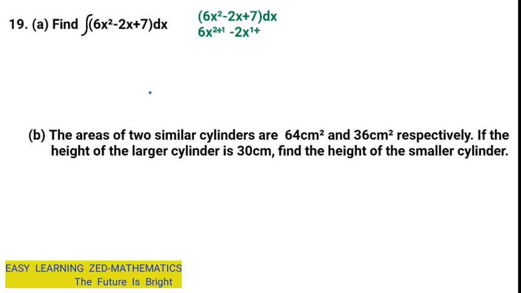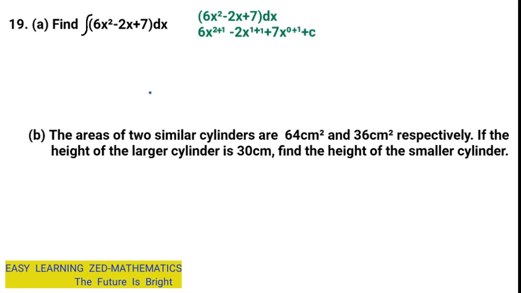Then plus 7, which is more or less like 7 has got an x which is not visible, and that x is raised to the power of 0, then plus 1, and I'm going to add a constant which is c.